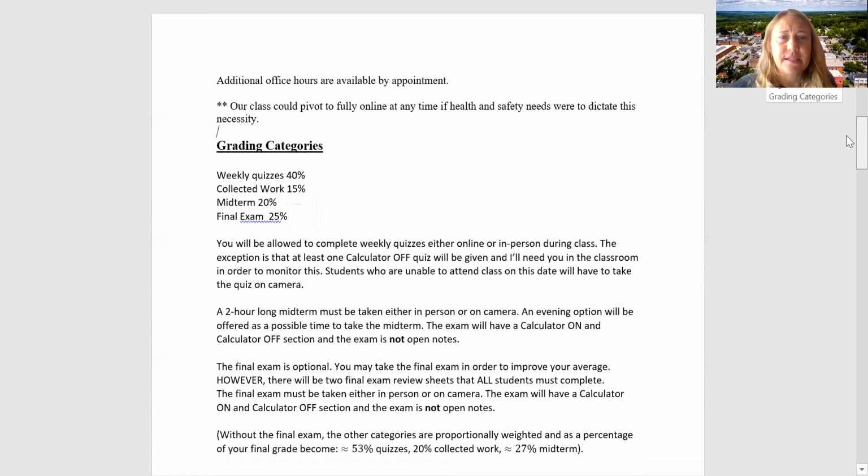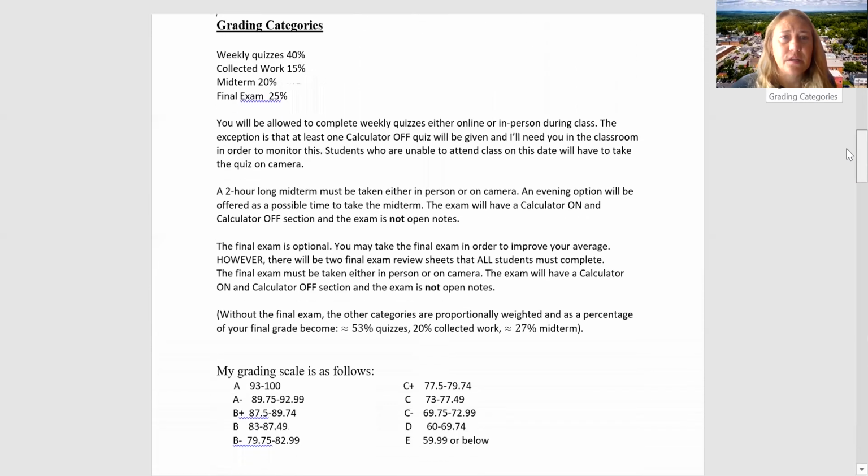So let me move on and let's look at grading categories. So I'm going to be giving weekly quizzes, and then the collected work category is a participation component of your grade. So that's where if you just do what you're supposed to, you should earn all of the points in that section. Then I plan to administer a midterm exam.